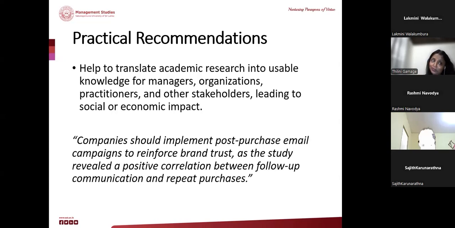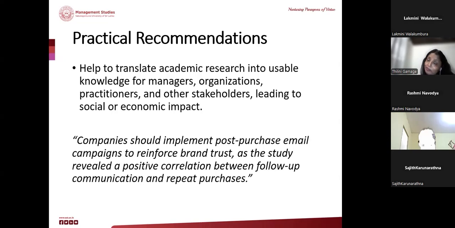That's very important. And I have included just an example over here. It's companies should implement post-purchase email campaigns to reinforce brand trust, as the study revealed a positive correlation between follow-up communication and repeat purchase. See, the way they have written it, they recommend: companies should implement post-purchase email campaigns to reinforce brand trust.